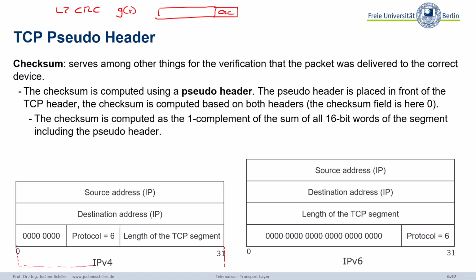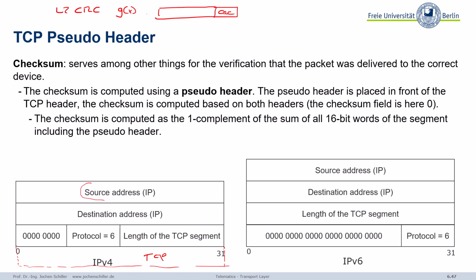So here we have our normal TCP packet with a TCP header and all the data. And in case of IP version 4, we actually use a pseudo header, placed in front of the TCP header.